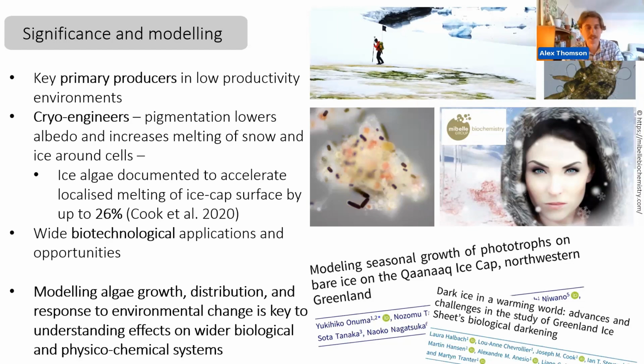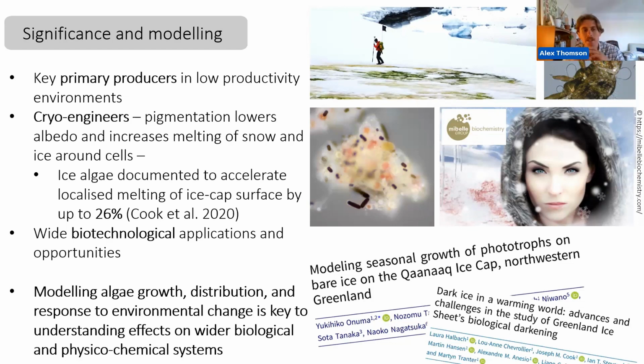So they're relatively significant in terms of these large-scale biogeochemical cycles. And I don't have to point out that if you have accelerated melt, you've then got effects on, for instance, sea level rise, loss of freshwater systems in terms of ice cap melting, and a whole host of effects on albedo.